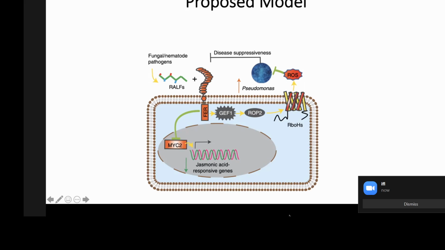So I think this diagram shows why quantifying ROS is so hard. The ROS is generated into the apoplast, but when they're actually measuring the levels, are they measuring cytosolic ROS or are they measuring apoplastic ROS? I think that's part of the complication of measuring ROS the way that they were measuring it.